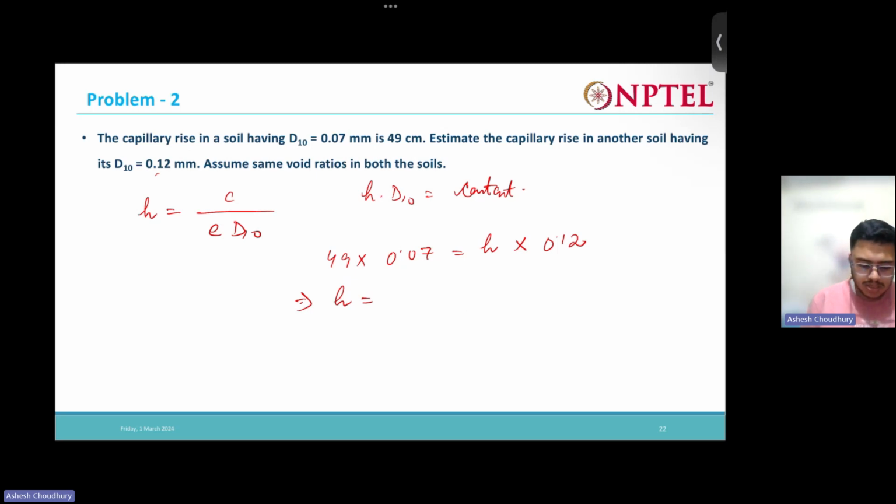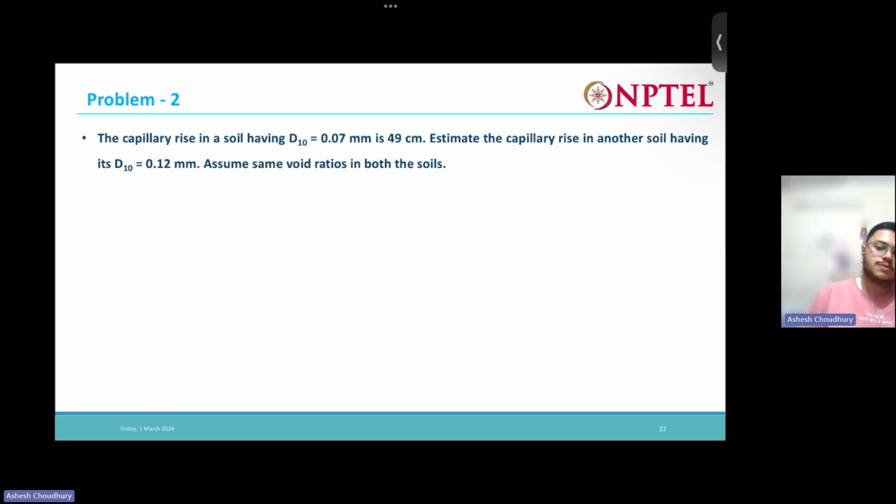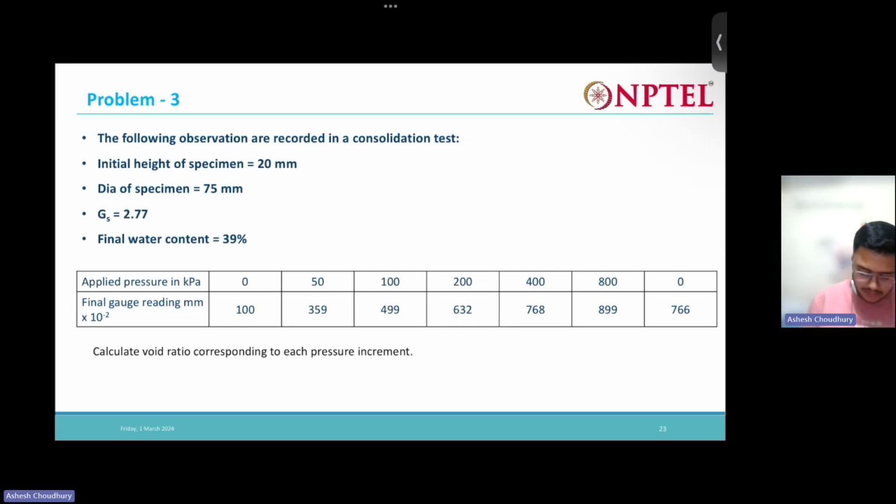So let us see what the reduced height is. It will be 28.58. Okay, so you can see as D is increasing, H is reducing. So that was just a basic problem.